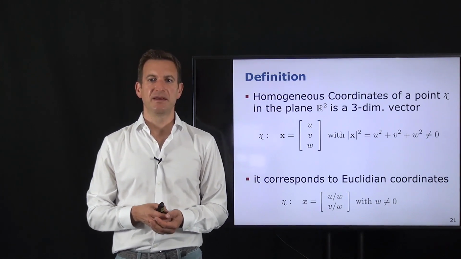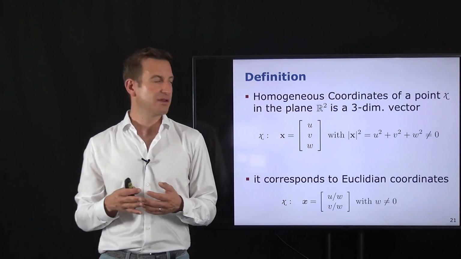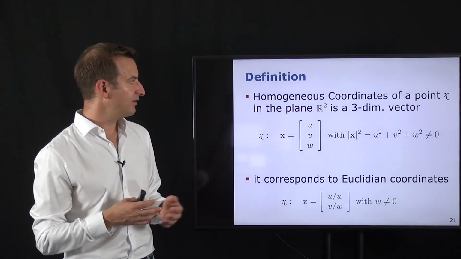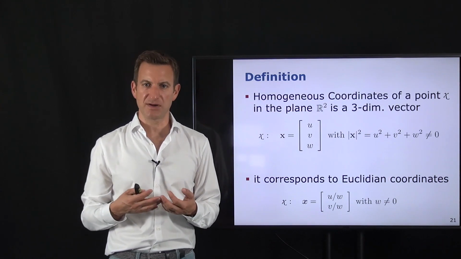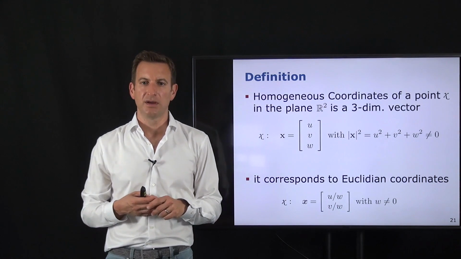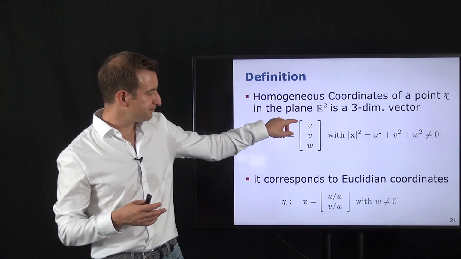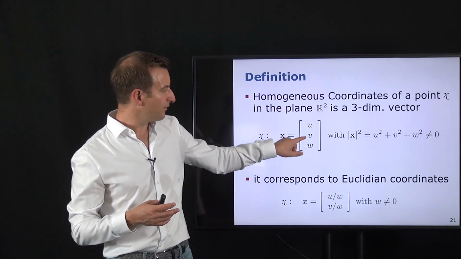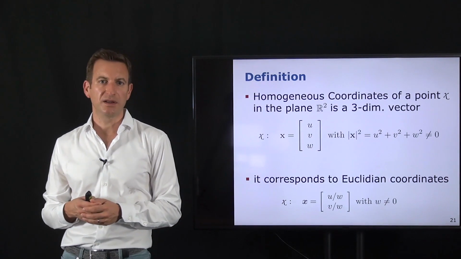And then the constraint that we have: a point x in the 2D plane is represented by a three-dimensional vector. This is my u, v, w. And the constraint that I have is that the squared norm of this point, so u squared plus v squared plus w squared, must be unequal to 0.